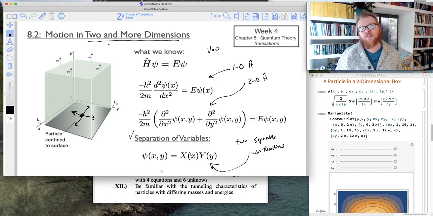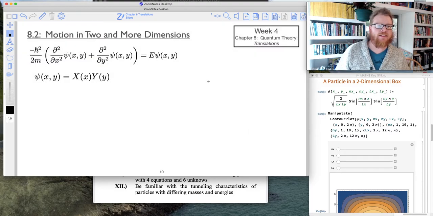So in other words, this function X of x is a wave function that only describes psi in the x dimension. And this function Y of y is a wave function that only describes psi in the y dimension. Okay? So let's set this up, all right?